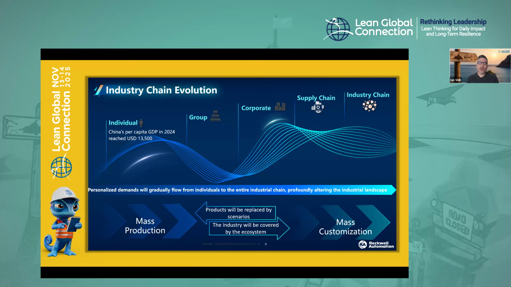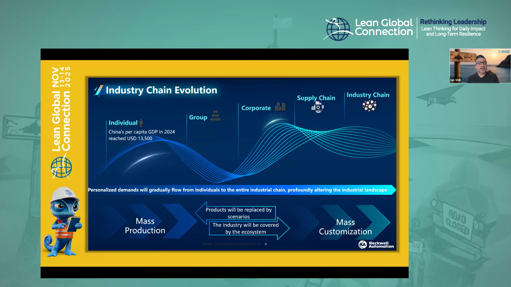When it starts to pass 10,000 US dollars, people want to buy more of the stuff that's customized to their uniqueness versus simply buying something that's high price. So mass production moving into mass customization is becoming a trend.